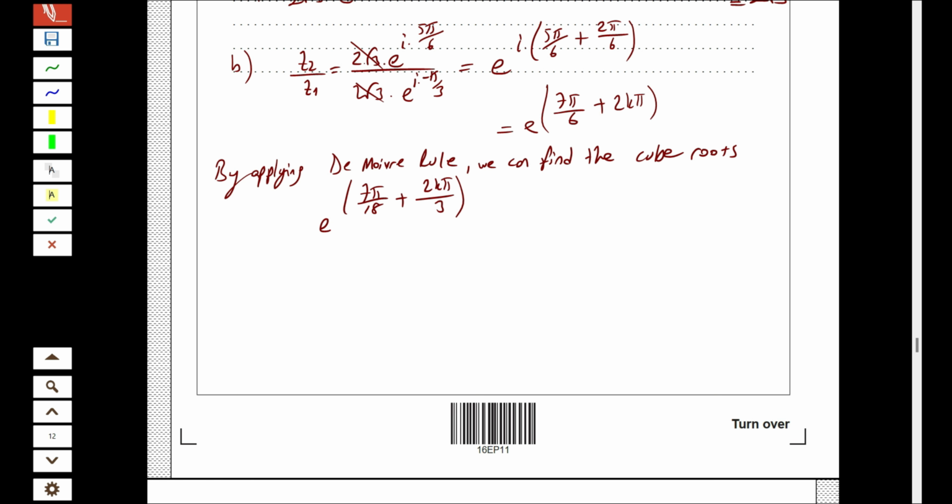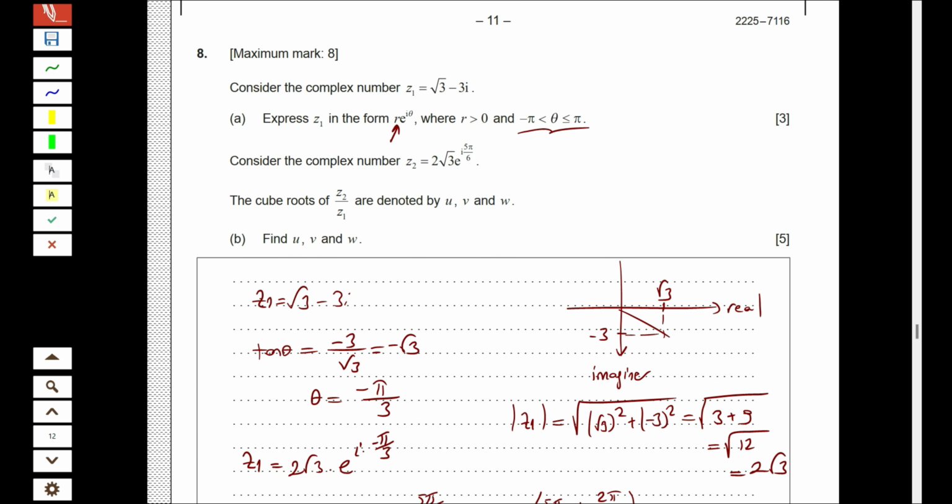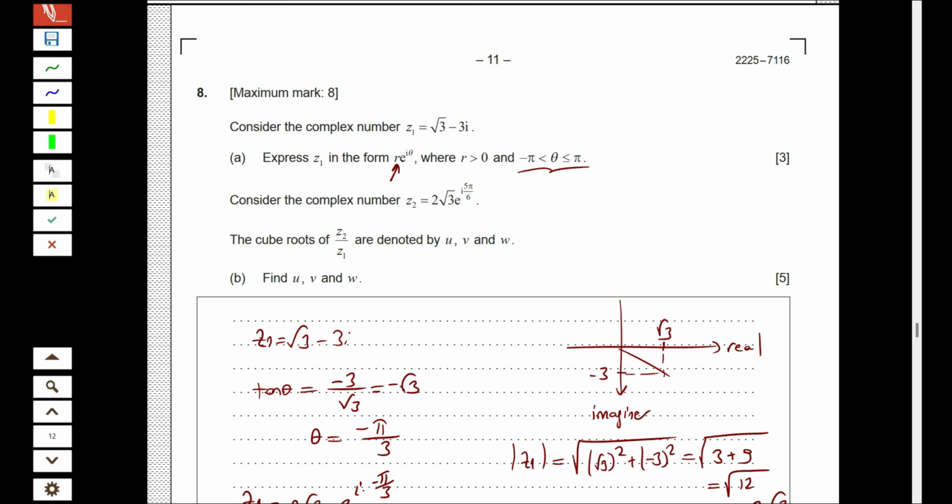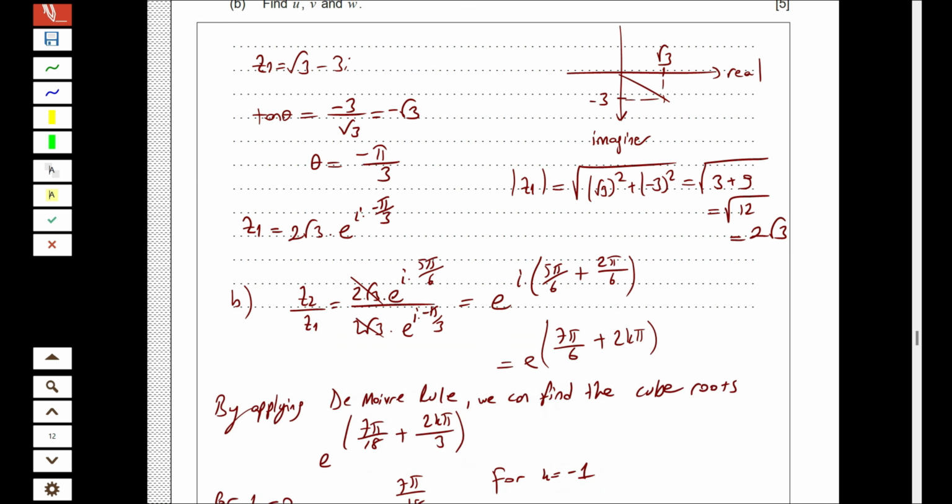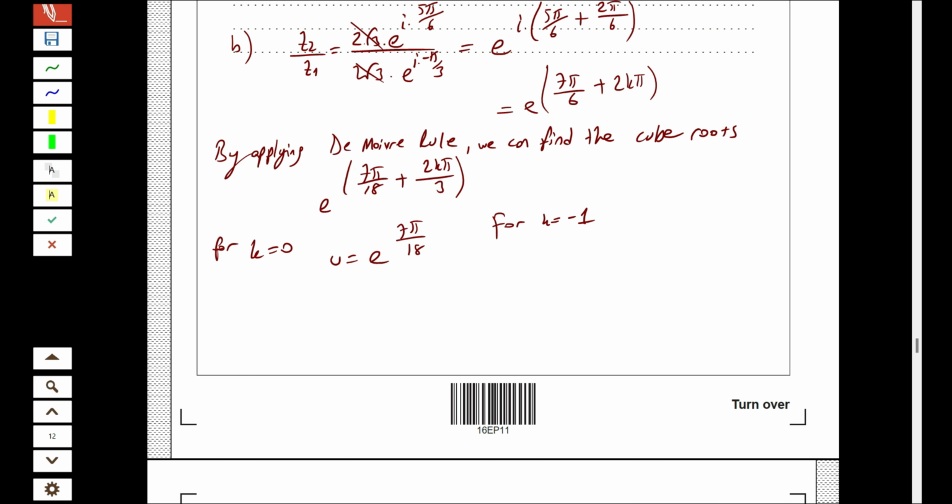Let's say k equals 0, and you're going to find the first root. Let's call it u, for k equals 0. U equals e to the power of i 7 pi over 18. For k equals minus 1, because I know that theta will be between minus pi and pi. That's why I'm giving minus 1.